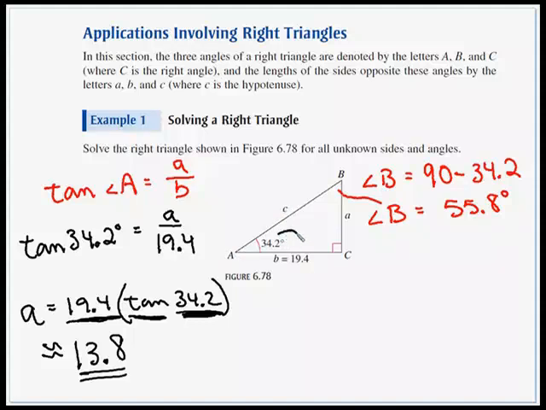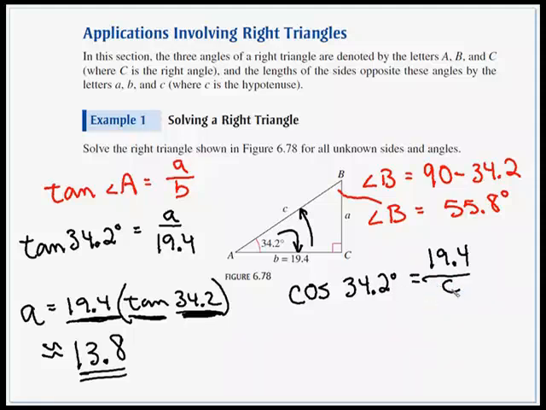We know the adjacent side, and we want to find the hypotenuse. So what trig function deals with adjacent and hypotenuse? That's cosine. The cosine of the angle, 34.2 degrees, is equal to adjacent, 19.4, divided by the hypotenuse c.